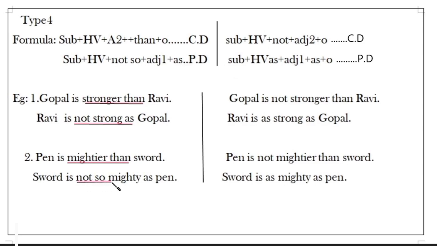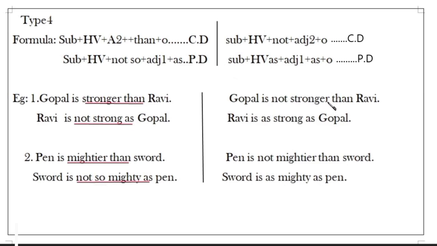You have to understand this model. Here: subject, helping verb, not, adjective 2, object. That is the comparative degree structure. For the positive degree we change it to: subject, helping verb, as, adjective 1, as, object. It is in positive degree.